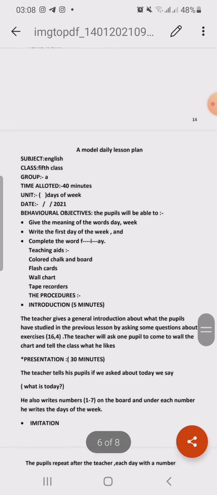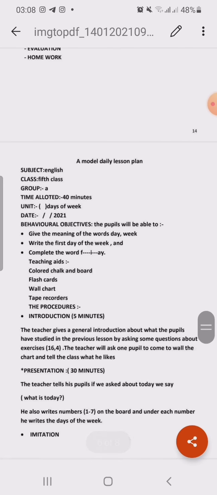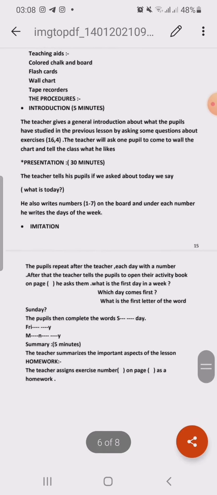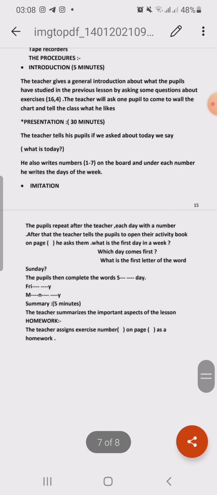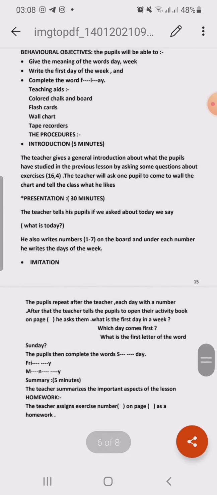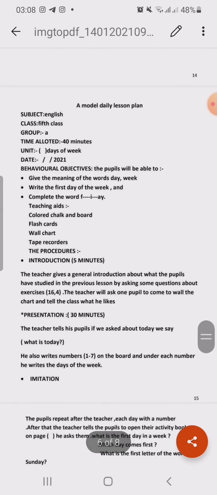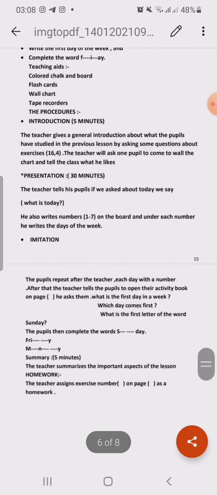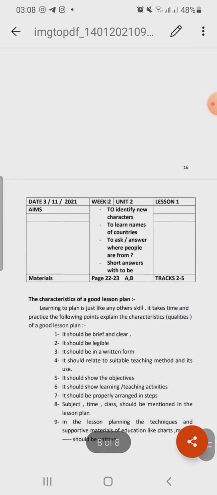A model daily lesson plan. Here is a model of a daily lesson plan. You can read it carefully and maybe you are going to make one for yourself in the future, inshallah.